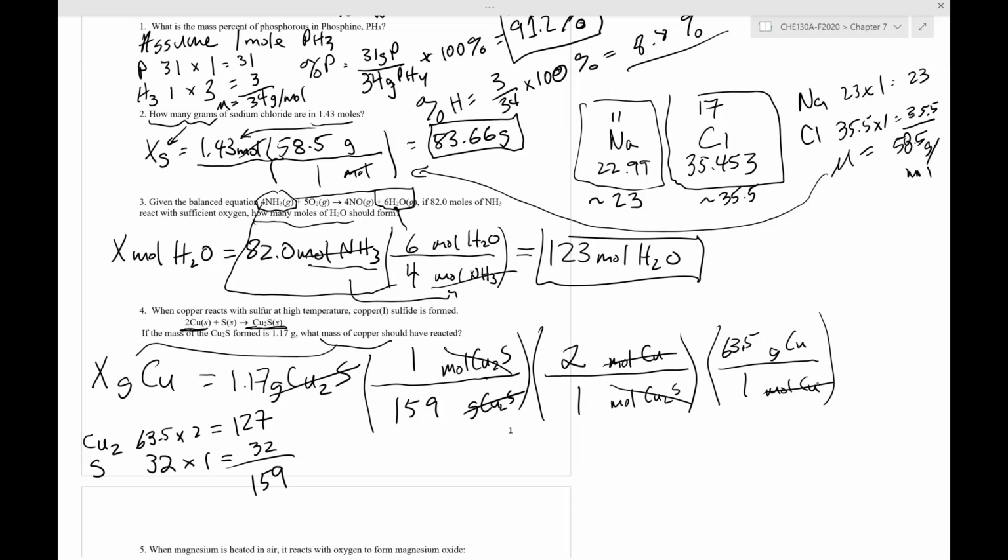So let's plug it in the calculator. 1.17 times 2 and times 63.5. And then if I divide that by 159, I get 0.935. So 0.935 grams of copper would be my predicted amount that I had to start with to produce the 1.17 grams of copper 1 sulfide.